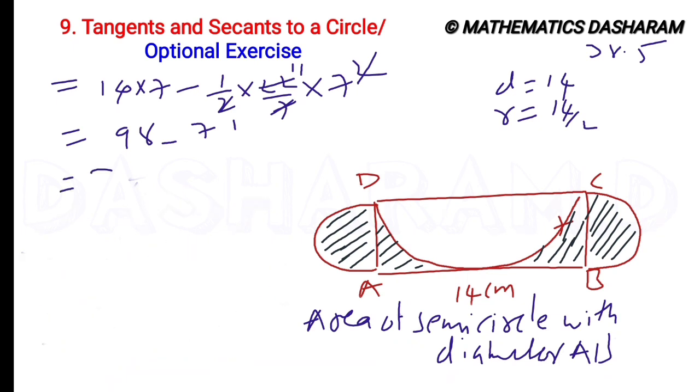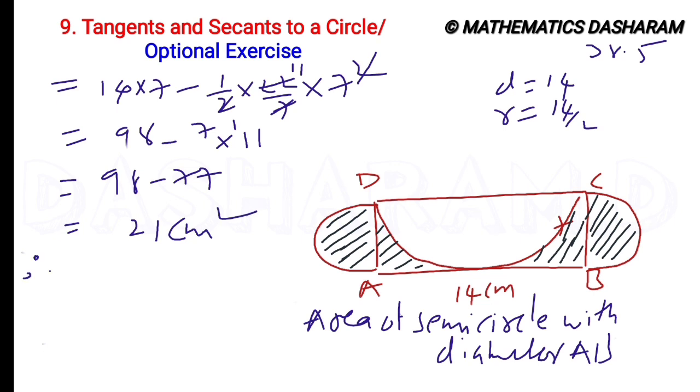So it is 98 minus 77. 8 minus 7 is 1, 9 minus 7 is 2. 21 centimeter square.